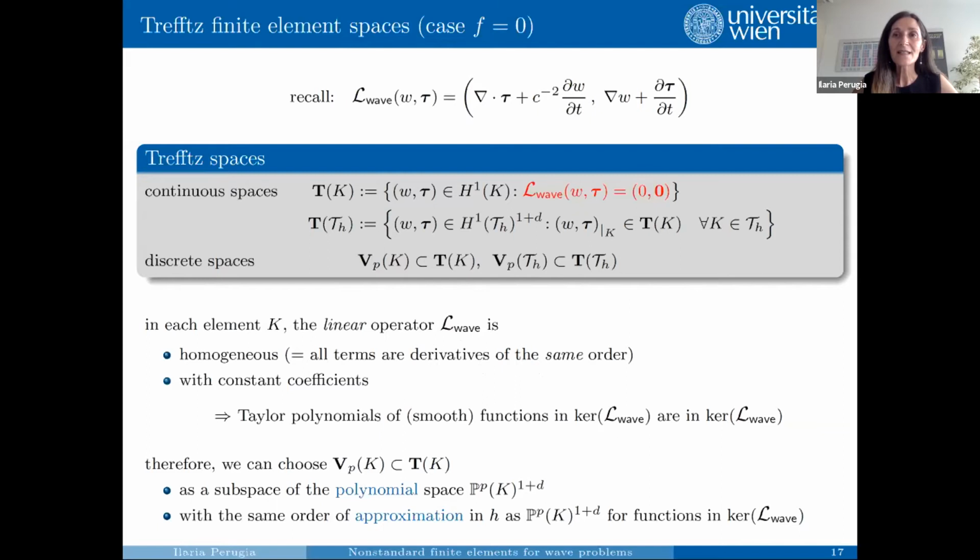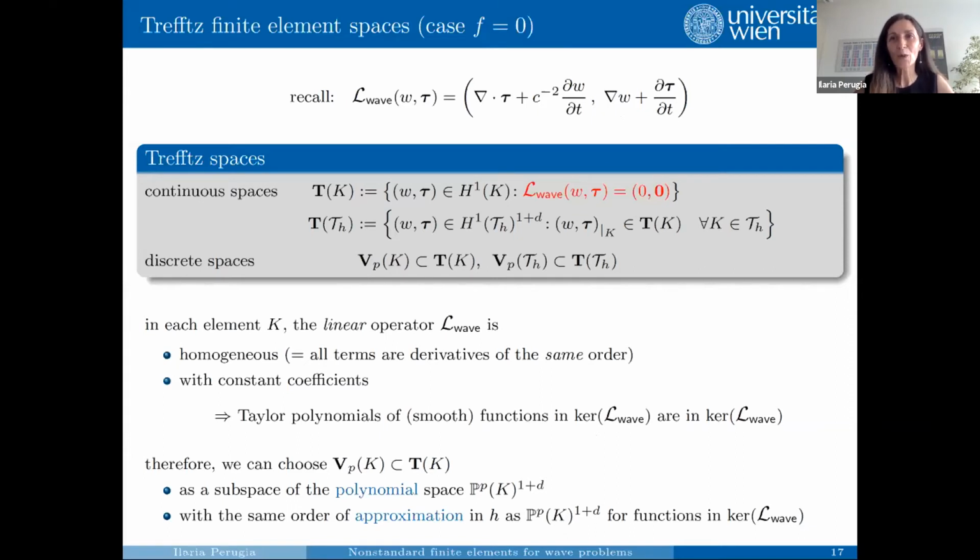So one can easily see that if you take infinite dimensional functions which are in the kernel of the wave operator, and you take Taylor polynomials of these functions, so you cut your Taylor expansion, when you take a Taylor polynomial, you remain in the kernel of the wave operator.